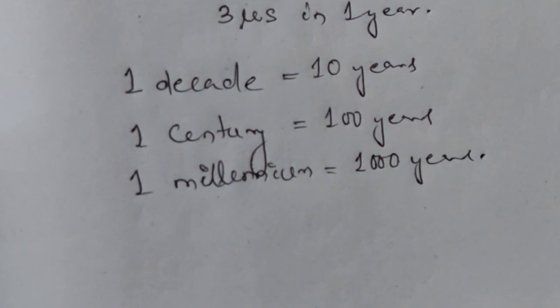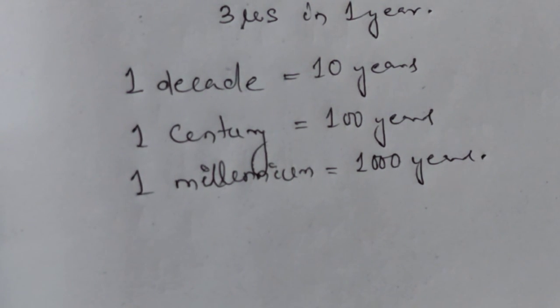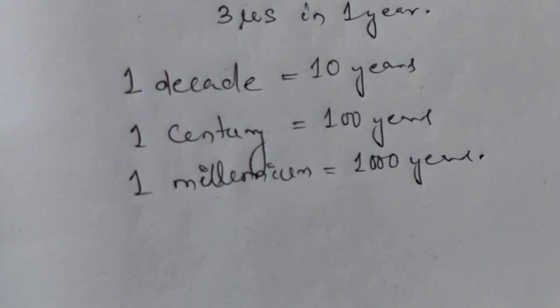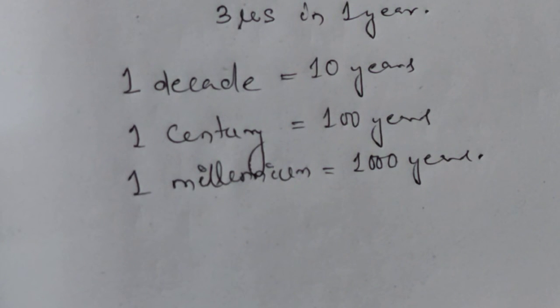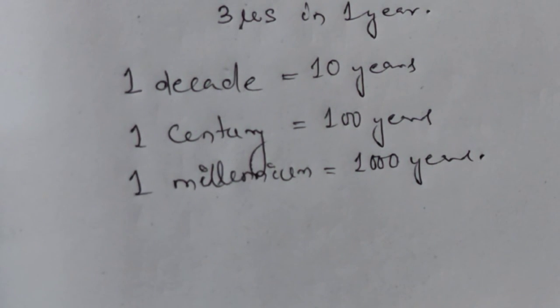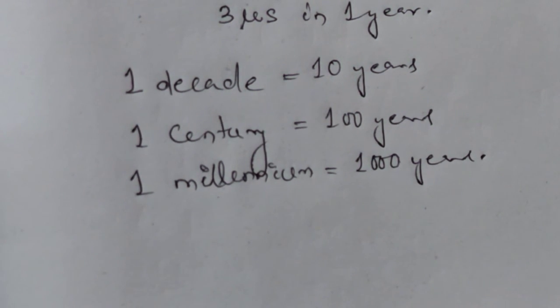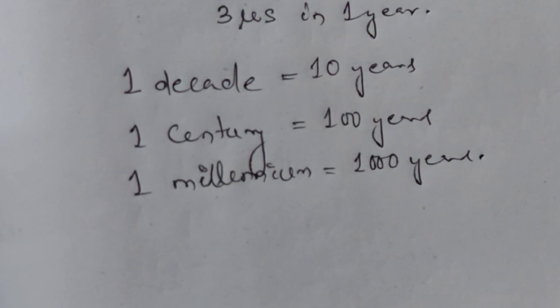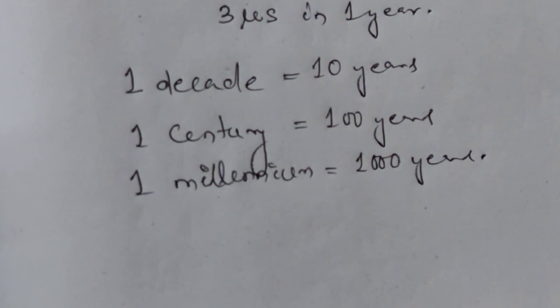Everything, like what time it takes for cooking, what time it takes for the day to go into night, all the measurements are included in the measurement of time section. But basically we can say the SI unit of measurement of time is second.